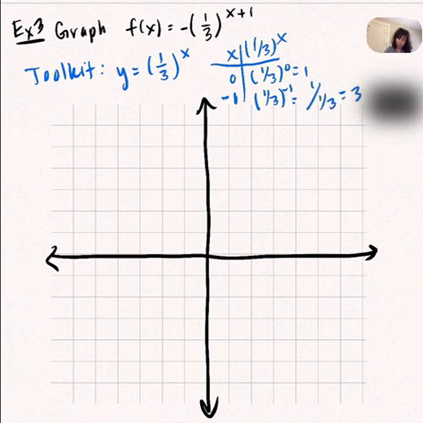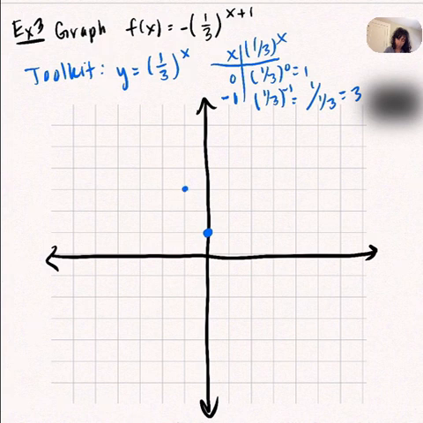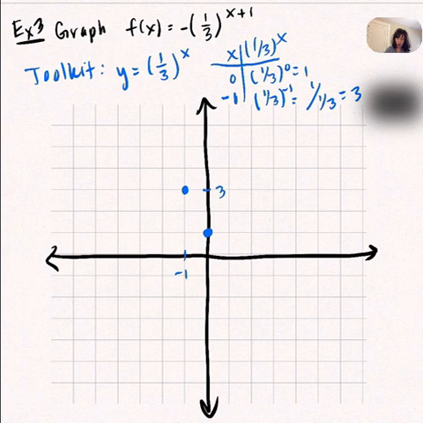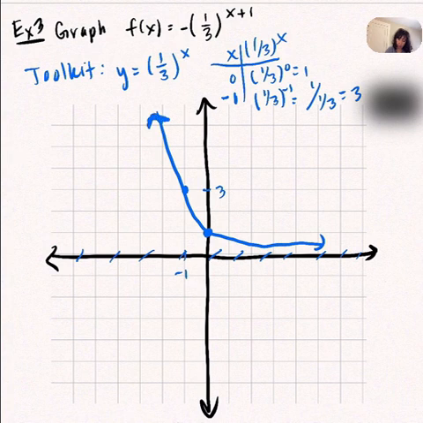So a couple of exact points would be (0, 1) and then (-1, 3), which is right there. And then we know the general shape is that it curves this way with our asymptote on the x-axis. So this is our toolkit function and we'll do transformations to it to get f.